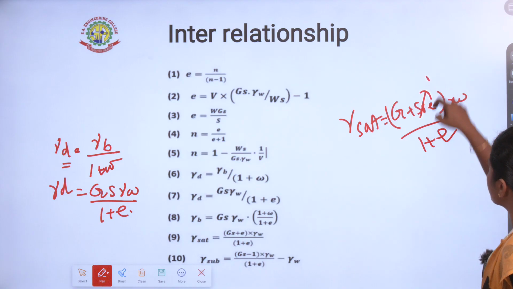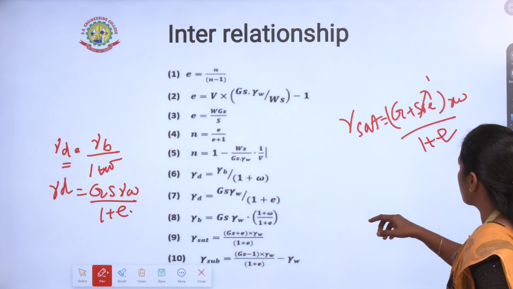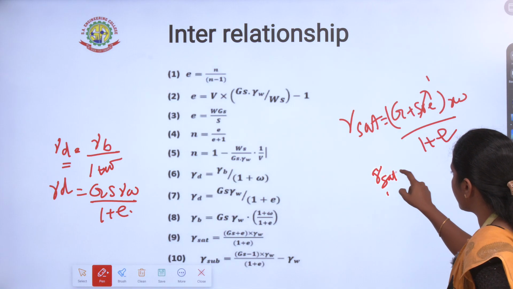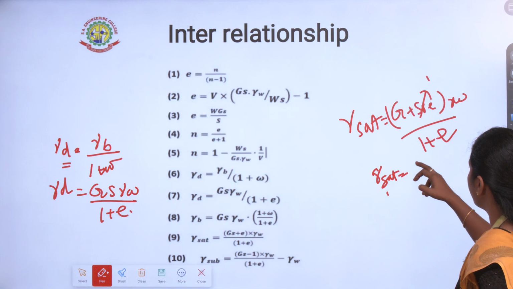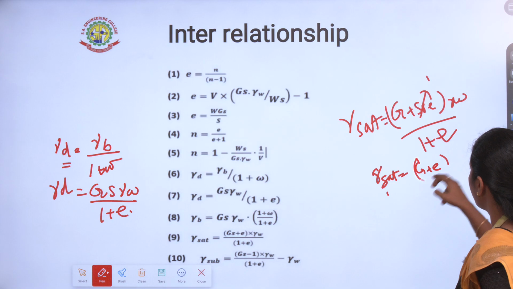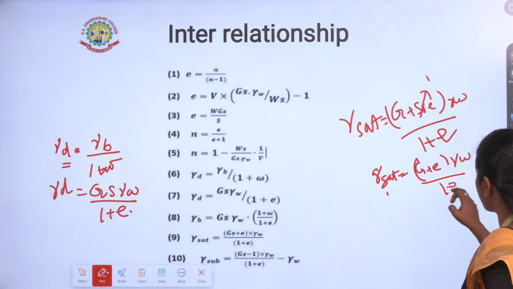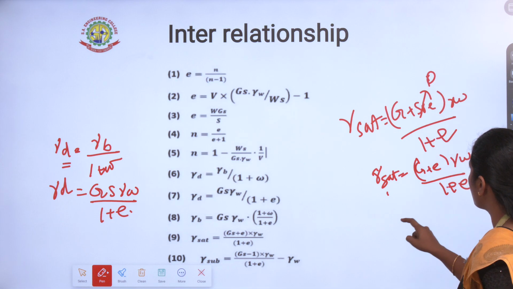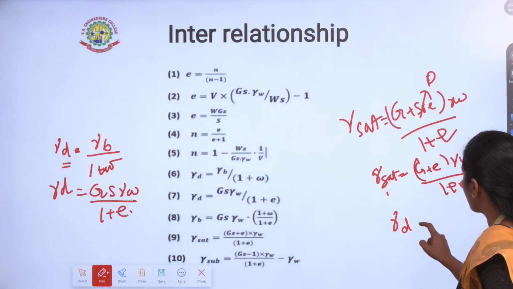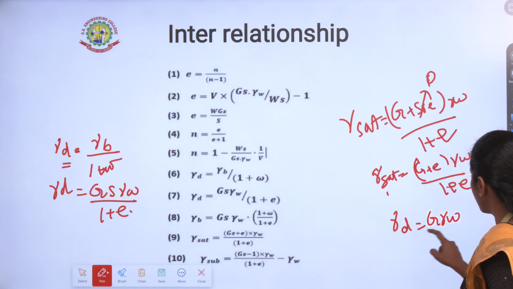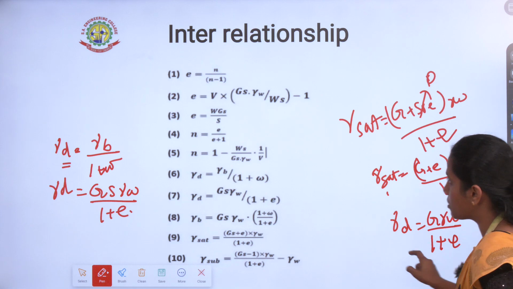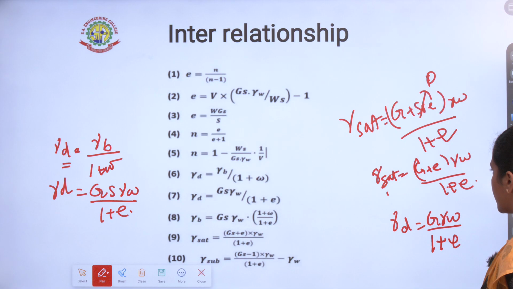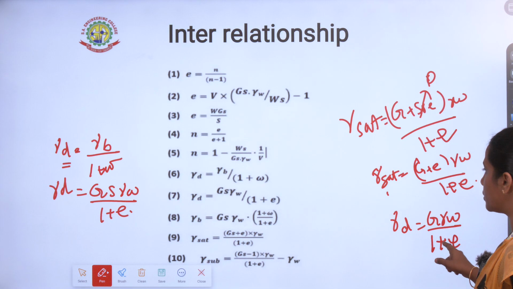If my S r value is equal to 1, which means it is fully saturated or submerged soil, then gamma sat is (G plus e) gamma w divided by 1 plus e. If my soil is fully dry, my S r value will turn to 0, then my gamma dry will be G gamma w divided by 1 plus e. This is what is represented here, G gamma w divided by 1 plus e, if my S r value is equal to 0.